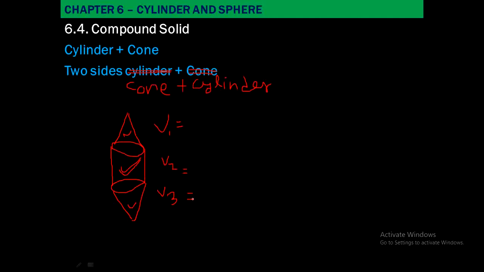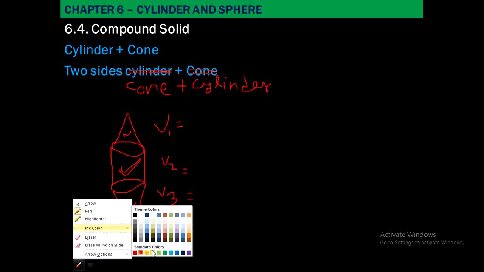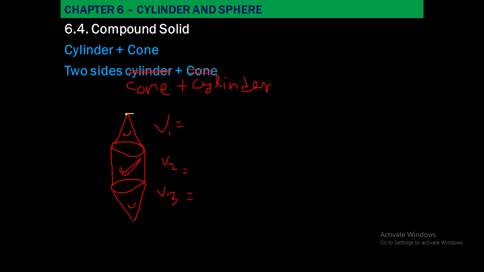Now volume of the cone, or volume of the top part, is 1/3 pi r square S1.